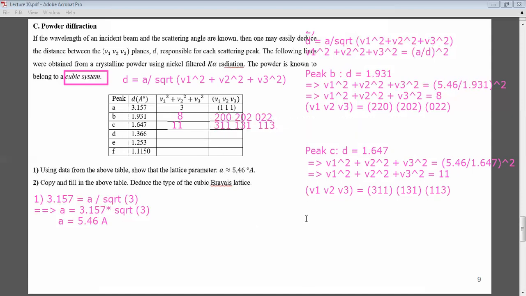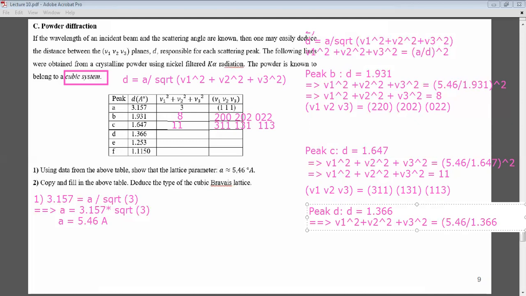Okay. Let's do peak D. I have D equal 1.366. So V1 square plus V2 square plus V3 square is equal to 5.46 divided by 1.366 squared.